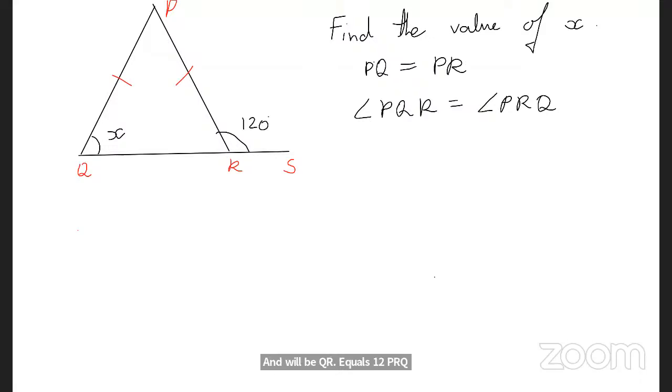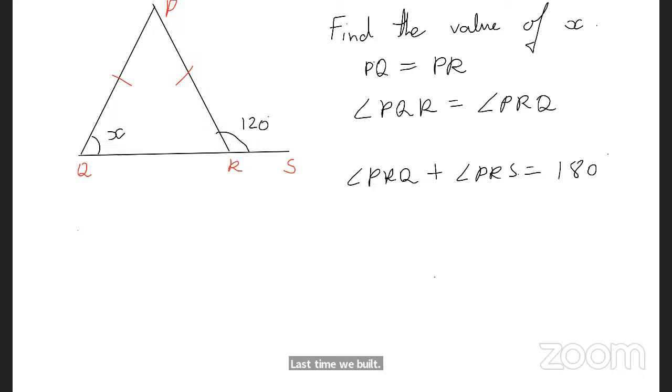Now we know that angle PRQ and PRS are angles on a straight line, and the total will be 180 degrees. Linear pair, or angles on a straight line. So angle PRQ plus angle PRS, which is how much? 120 degrees. PRQ we don't know, but PRS we know.